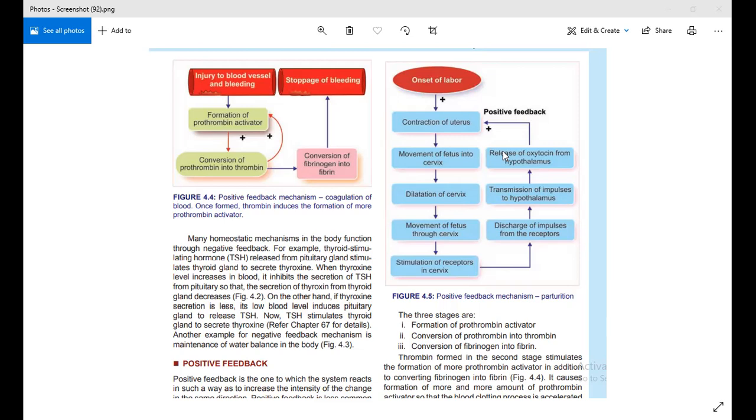Okay? Good. Now, I need to show you another picture to explain positive and negative feedback.